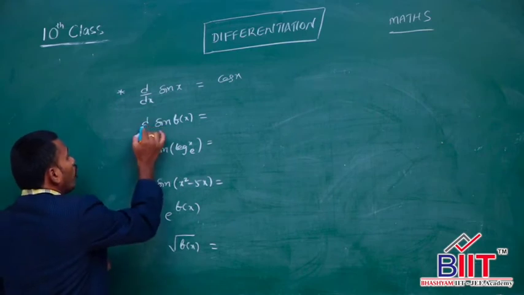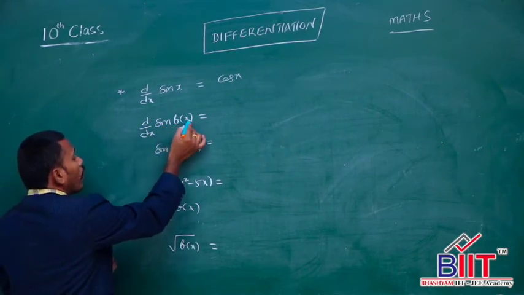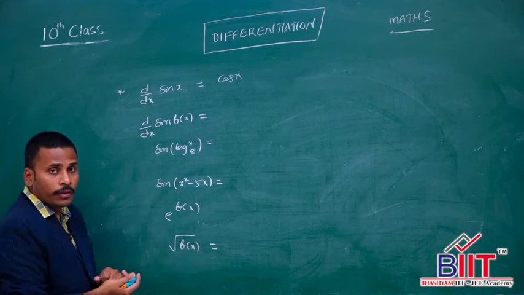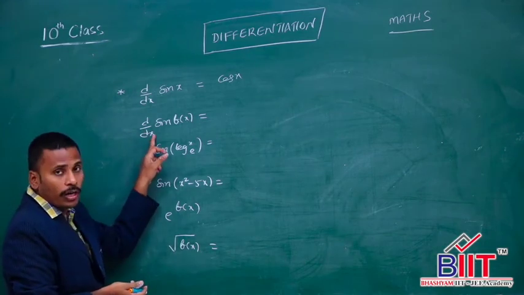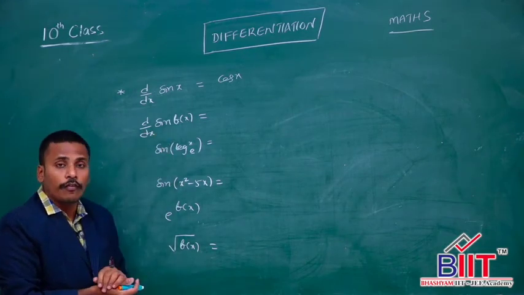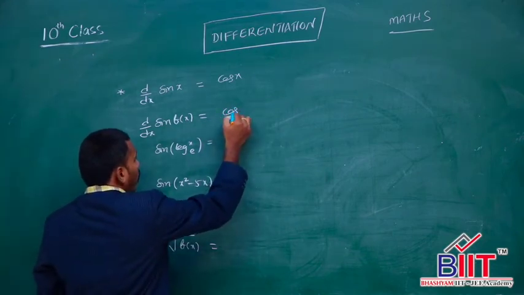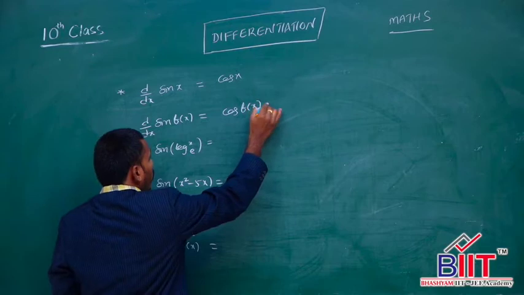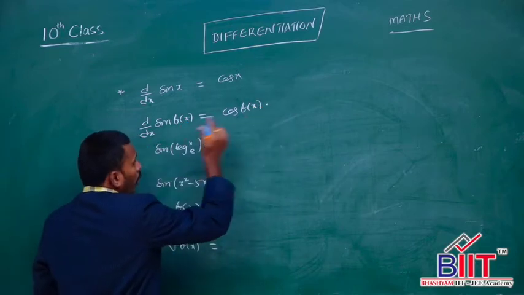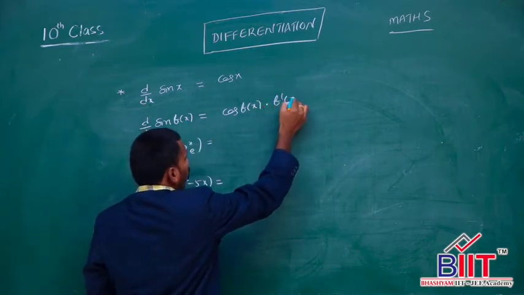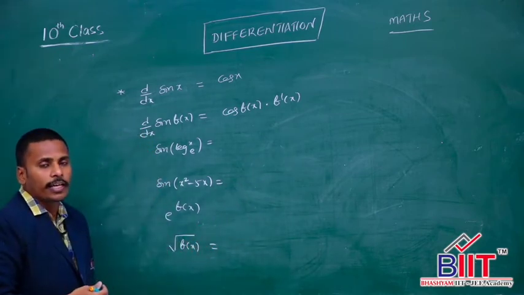Here we are calculating the derivative of sin of f of x with respect to x, but the input here is f of x, so directly the answer cos f of x is not enough. So we need to write cos f of x into the derivative of that input f of x, which is f dash of x, or you may say d by dx of f of x.